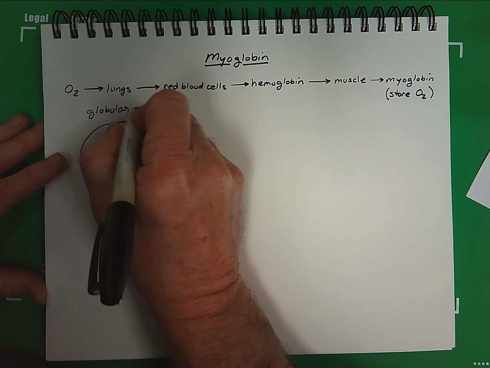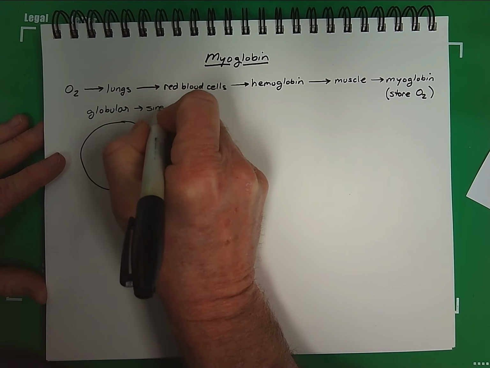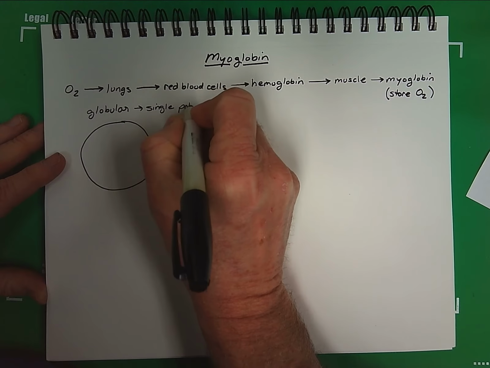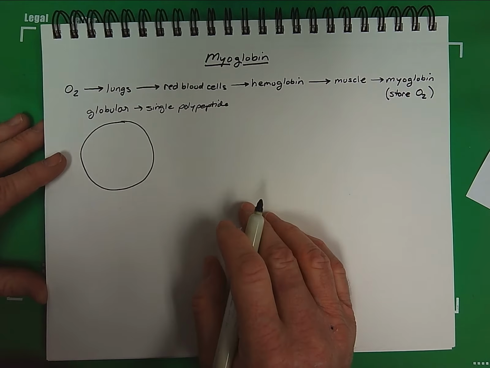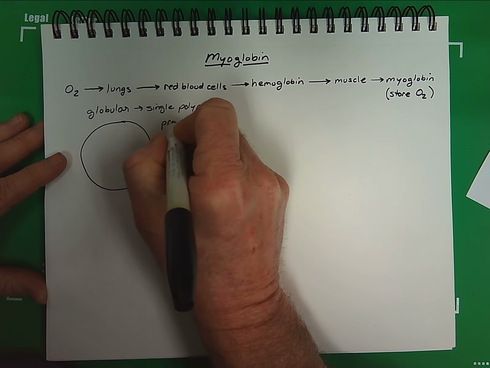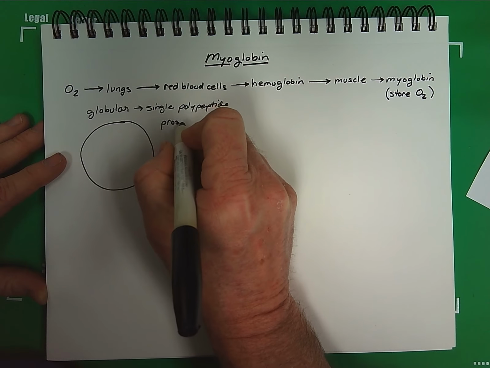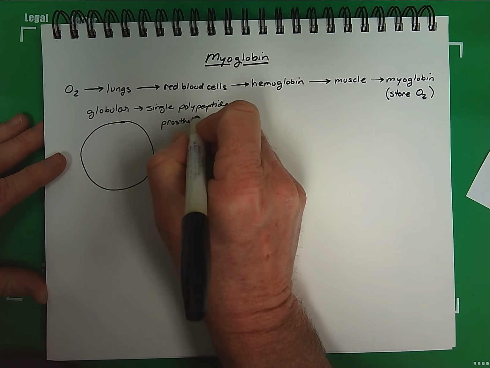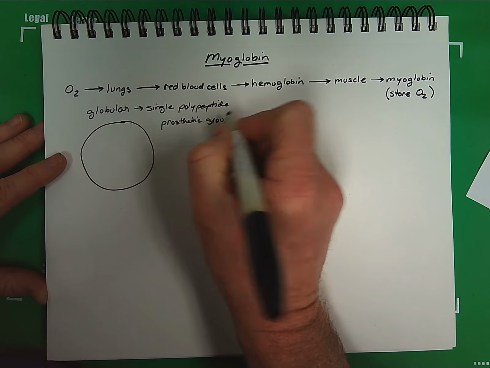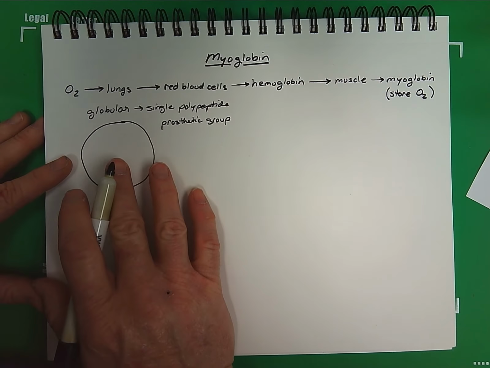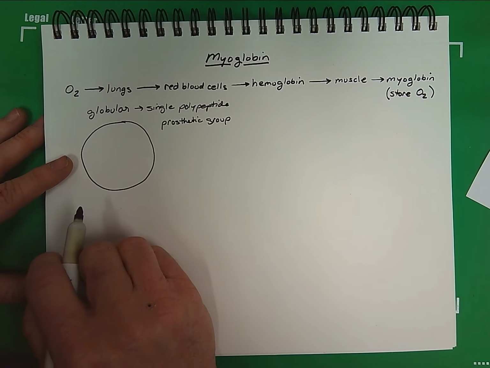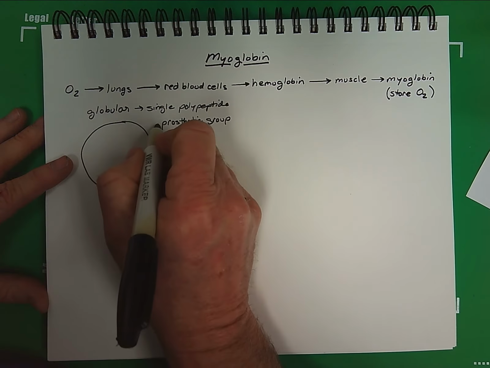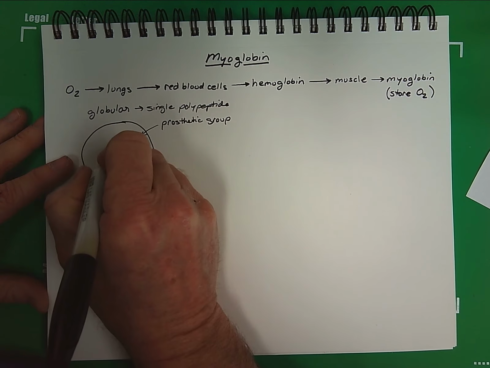And being a single polypeptide, it has the storage capacity for oxygen bound to what's called a prosthetic group. So the oxygen that binds to the molecule, the protein of myoglobin, is not actually binding to the protein itself. It's binding to a prosthetic group, which is called heme.